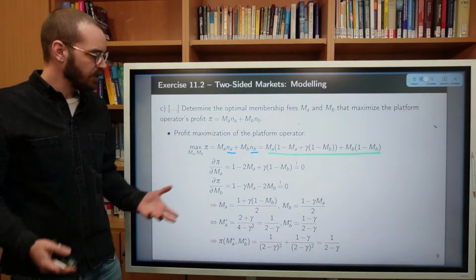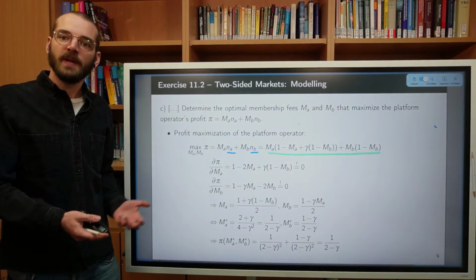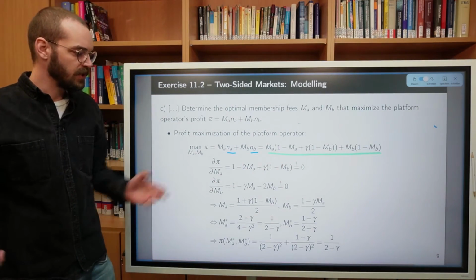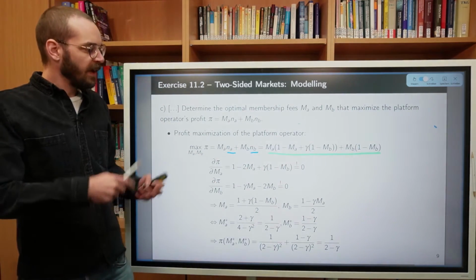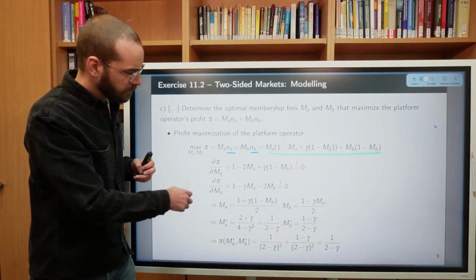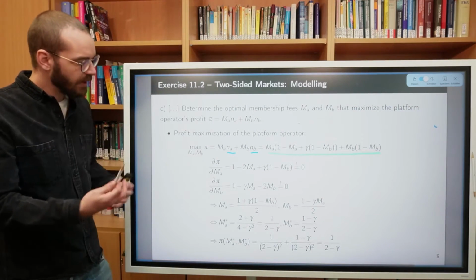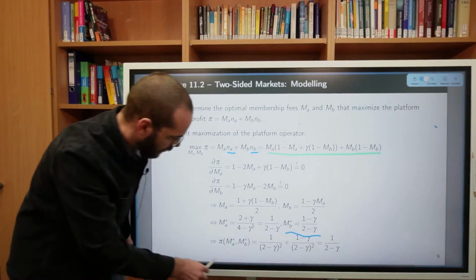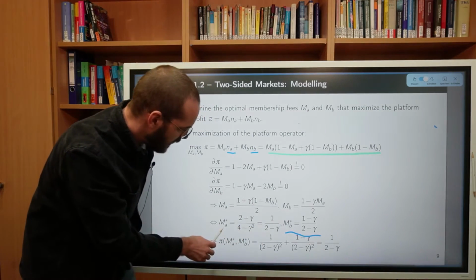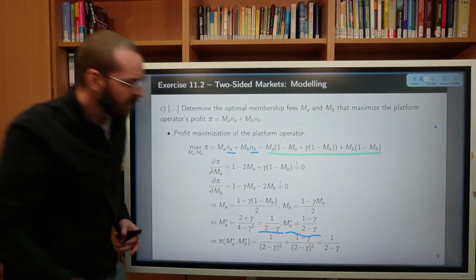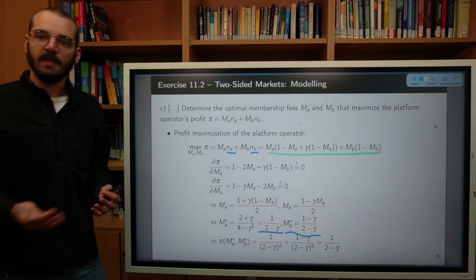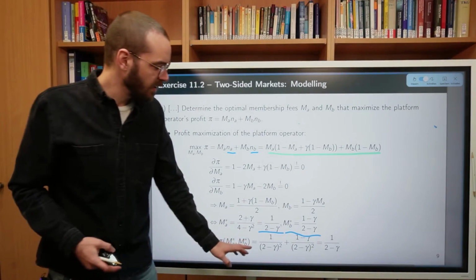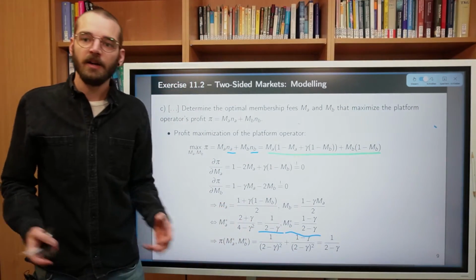We do this by calculating the first order derivative with respect to MA and MB respectively, forcing these 2 expressions to be equal to 0, and then we can simply rearrange these expressions until we get an expression for MA and an expression for MB, where we have MA and MB on the one hand side of the equation and nothing but numbers, and the only other model parameter gamma, on the other hand side.